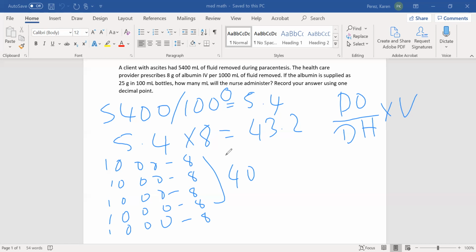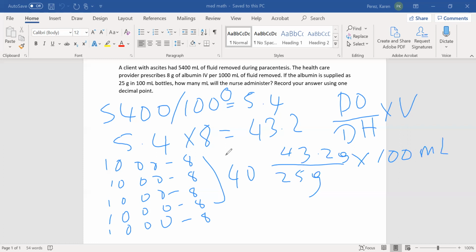So I am going to plug it in. The dose order is 43.2 over dose on hand, which we know is 25 grams, and we're going to multiply it by 100. That's the volume.